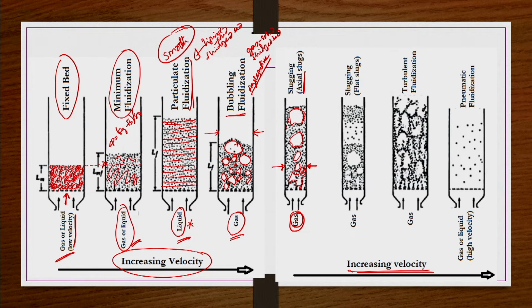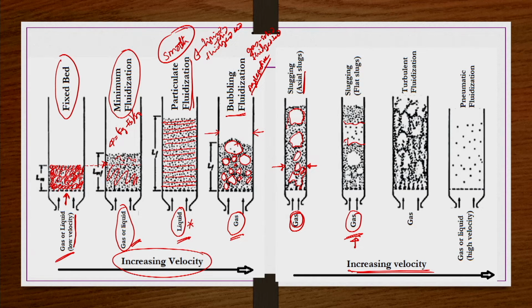Now if you take the same narrow column, same packing, but further increase the superficial velocity of the gas, here also we are taking gas, in this case the sixth figure, then slugs will also form, but the slugs are more or less flat, having only a few particles occupied within the slug area.